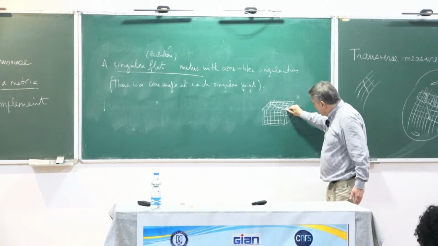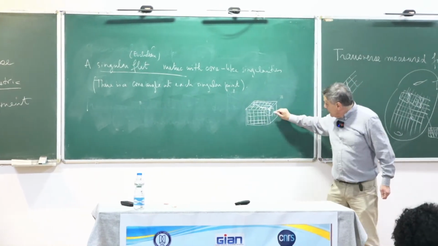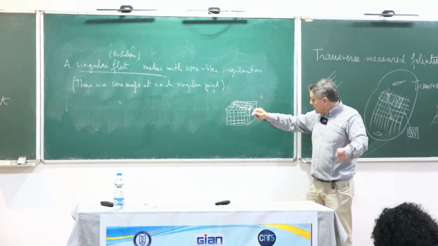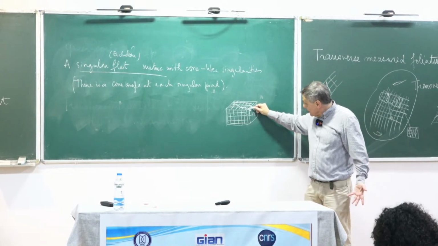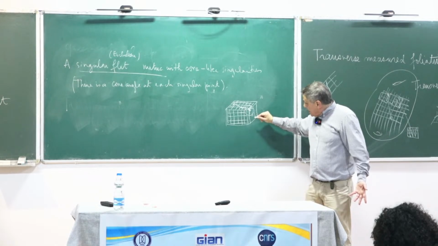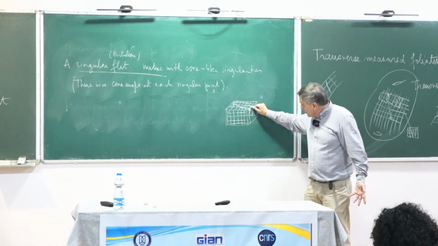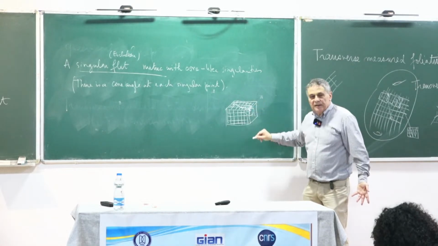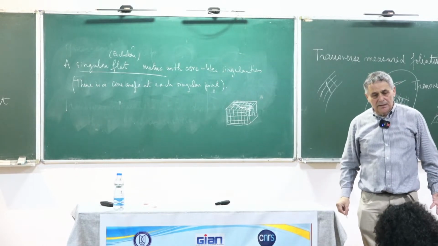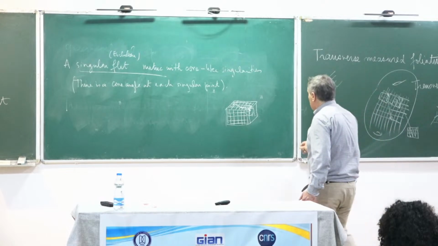Here I have a singular point. An insect sitting here looks at all the directions, at all his horizons, and measures the total angle around him. So how much is the total angle? 3 pi over 2.